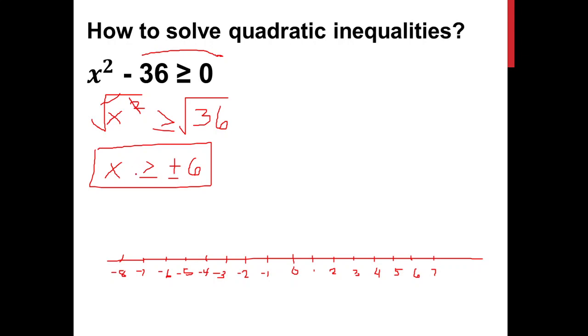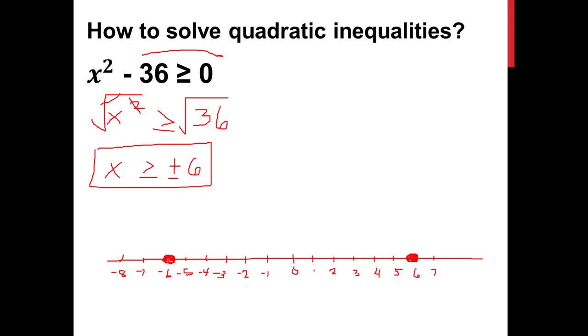Now, since we use the greater than or equal to symbol, when we plot that on our number line, we use the closed circle. So this means that 6 is part of the solution. So is negative 6.